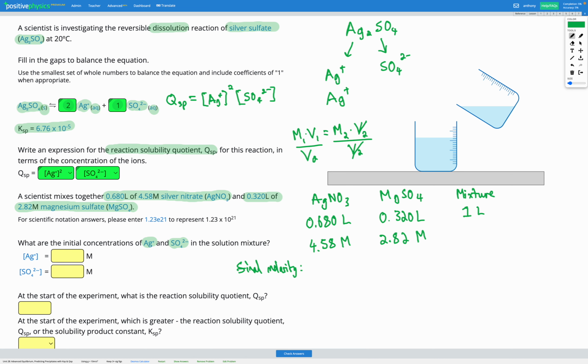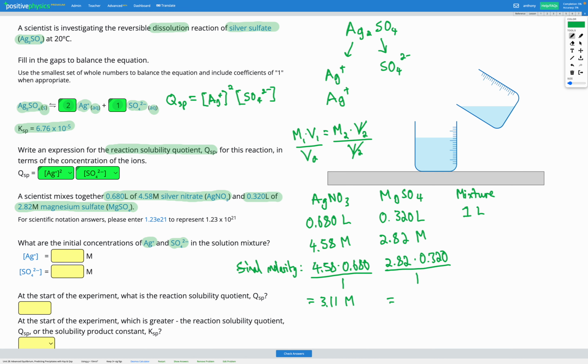So our final molarity for AgNO3 is going to be 4.58, which is our initial molarity, times our initial volume, which was 0.680, divided by our final volume, which is 1 litre. That's going to get us a final molarity of 3.11 molar. For MgSO4, we have an initial molarity of 2.82 multiplied by an initial volume of 0.320 divided by a total volume of 1 litre.